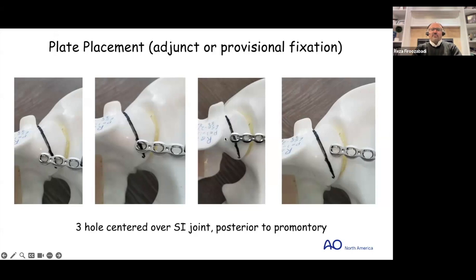At best, you're going to have 1 screw medial to the SI joint, just posterior to the promontory. That's going to be the safest spot. Now, on the ilium side, you can have 2 screws lateral to it, or even 3 if you wanted to. But really, your limited fixation is going to be in your sacral ala.